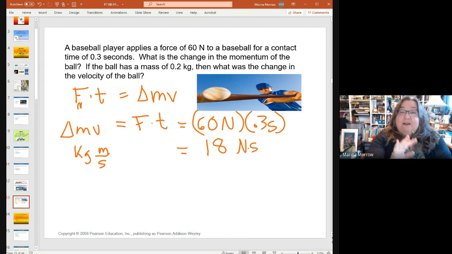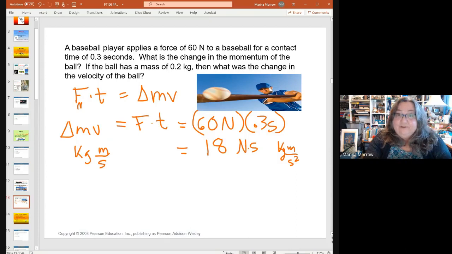Okay, but a newton is created out of other units. A newton is a mass times its acceleration. So a newton is really a kilogram meter per second squared, because that would be mass times acceleration.